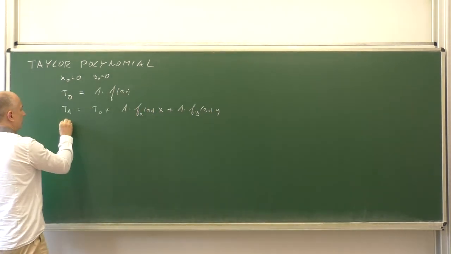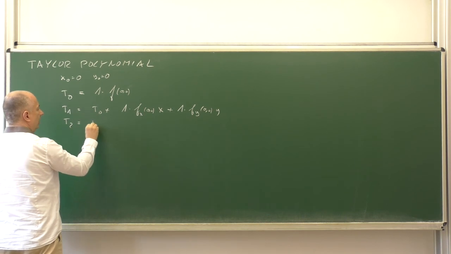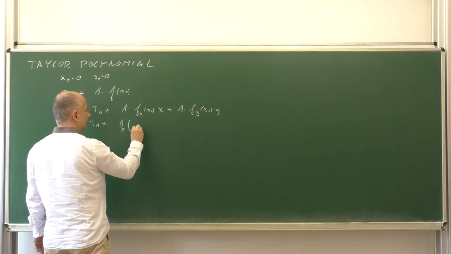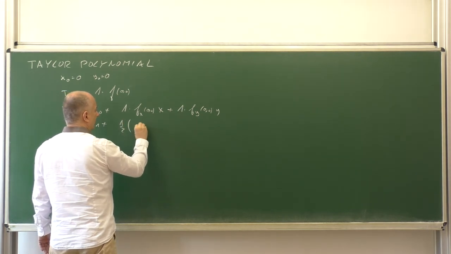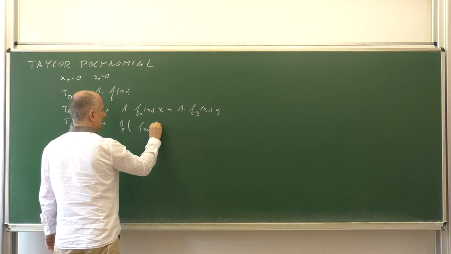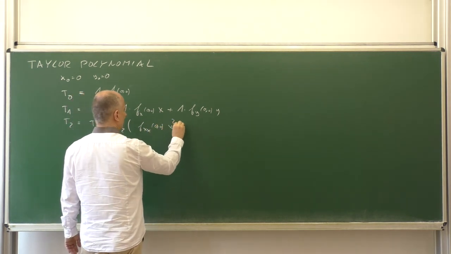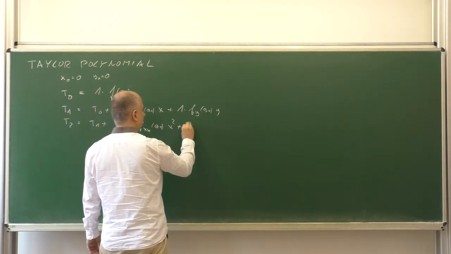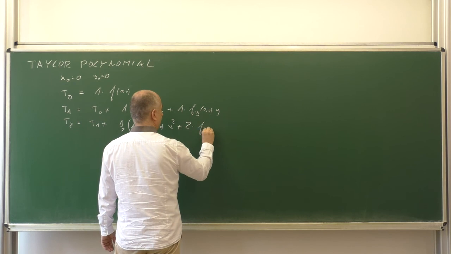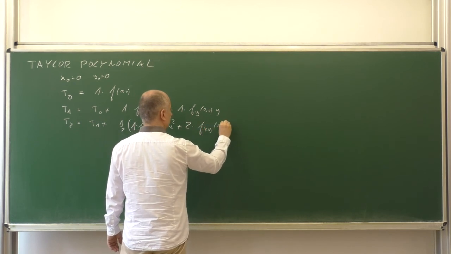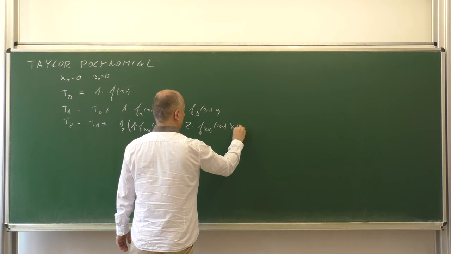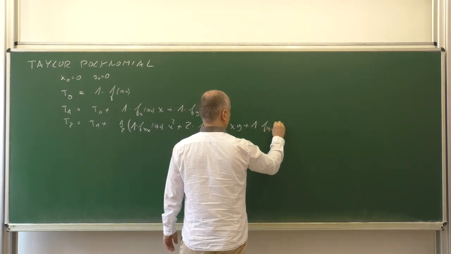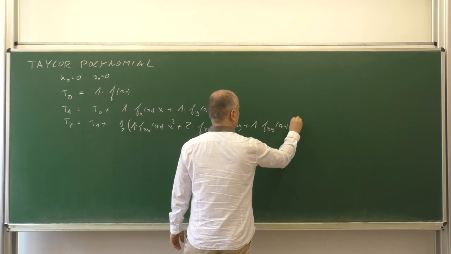And we have also seen that T2 is T1 plus 1/2 fxx times x squared plus 1 times 2 times fxy times x times y plus 1 times fyy times y squared.